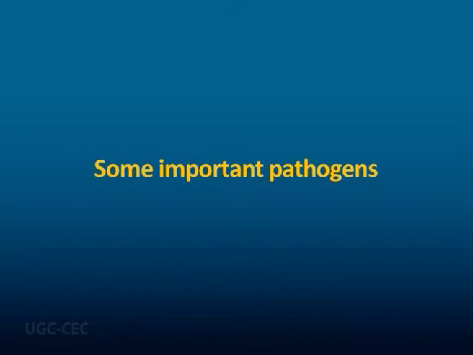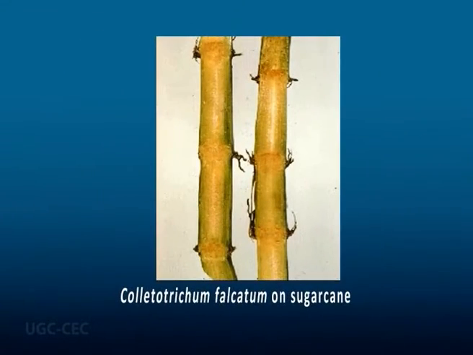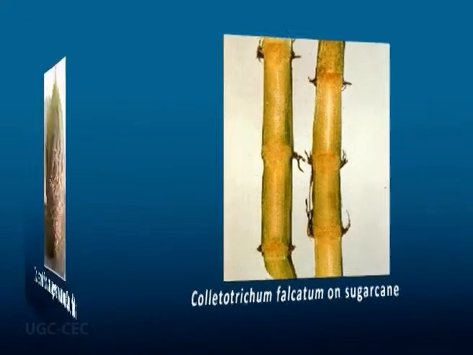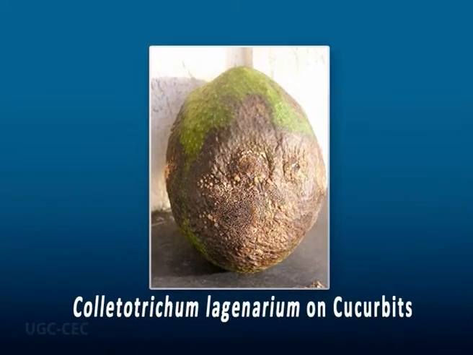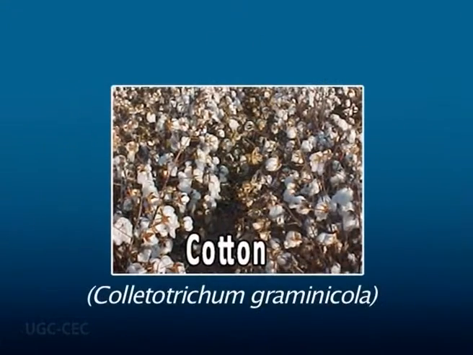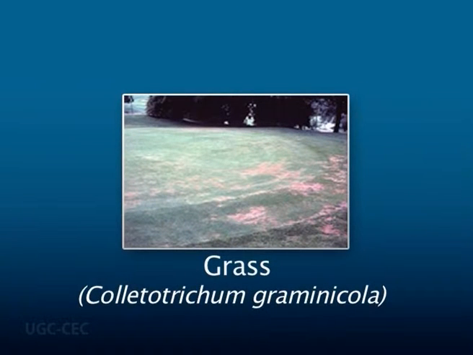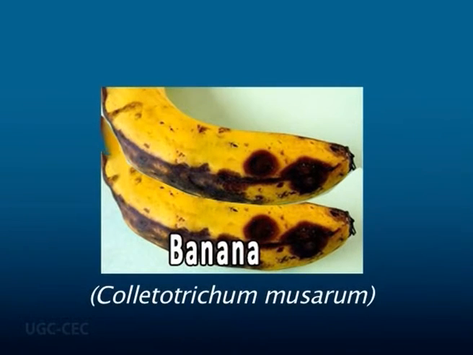Some important pathogens of this genus are Colletotrichum falcatum on the sugarcane, Colletotrichum legionarium on cucurbits, Colletotrichum gossypii on the cotton, Colletotrichum graminicola on the seeds of many grasses and cereals, Colletotrichum musarum causing the anthracnose and fruit rot, also called cigar end disease of banana.